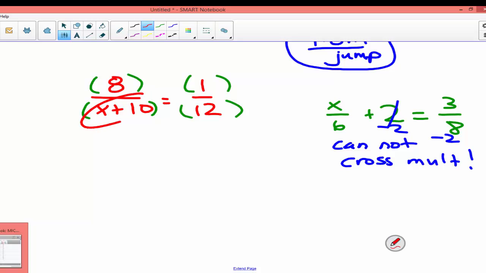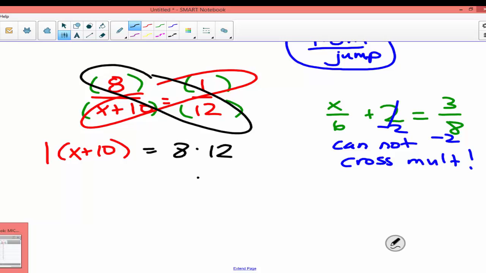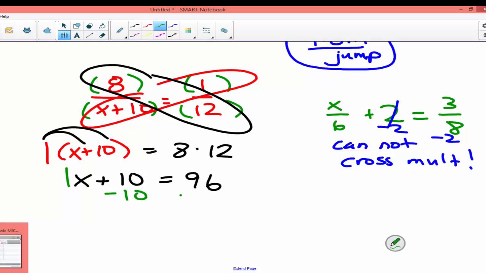So this would be 1 times x plus 10 equals 8 times 12, which is 96. So you would distribute the 1, which doesn't change anything. You could always put a 1 in front of the x. And then you would subtract the 10 from both sides, getting x equals 86.